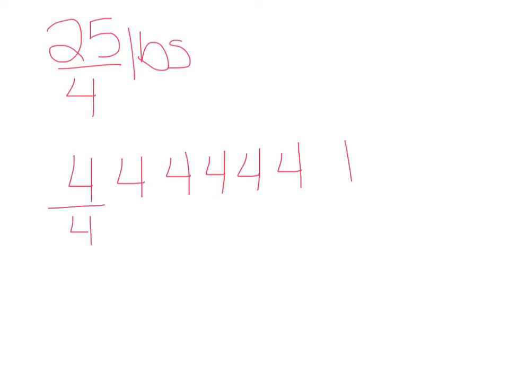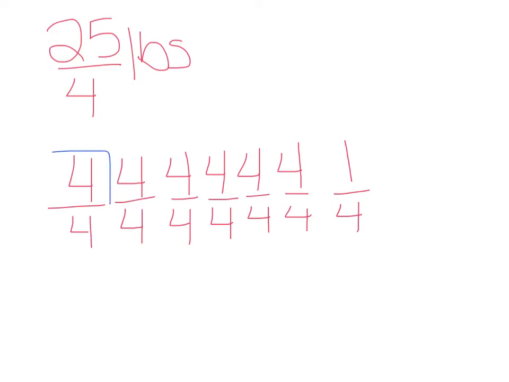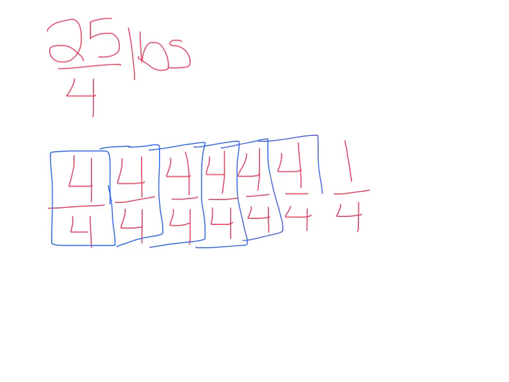Once again, putting our 4 underneath. Remember, it needs to be there for everything. Counting these up, we have 1 whole, 2 wholes, 3, 4, 5, 6 wholes, and 1/4 left over.